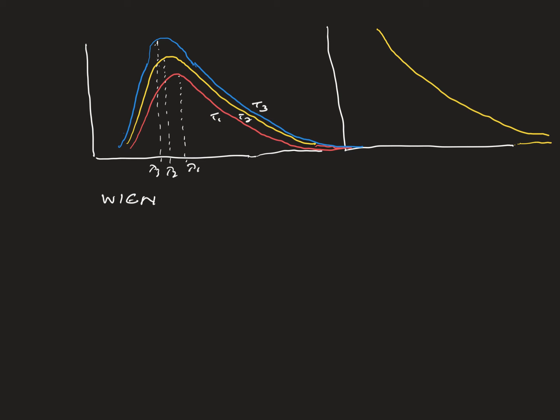If you have a hot object with surface temperature T, he found that for the maximum wavelength, lambda max, T times lambda max is a constant.